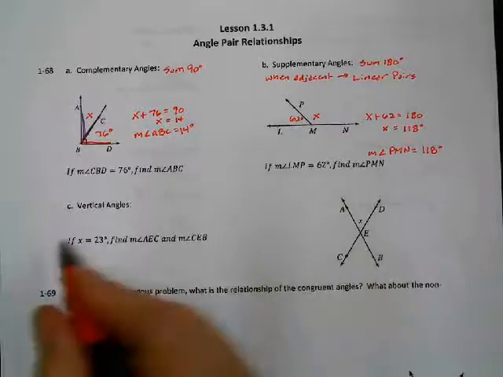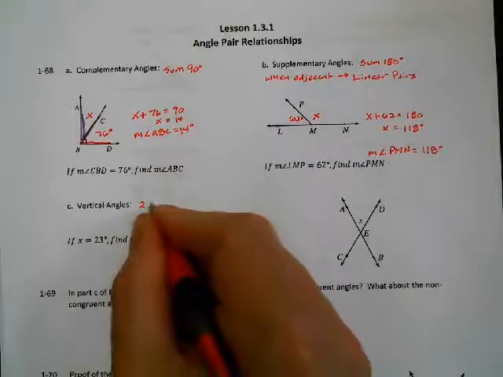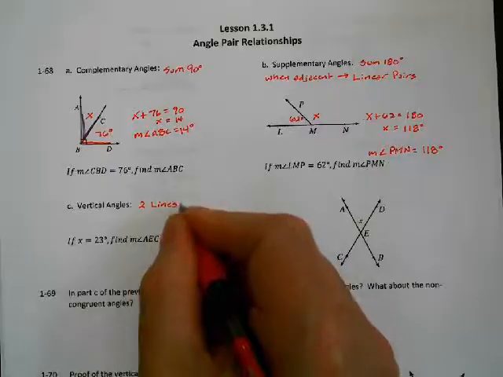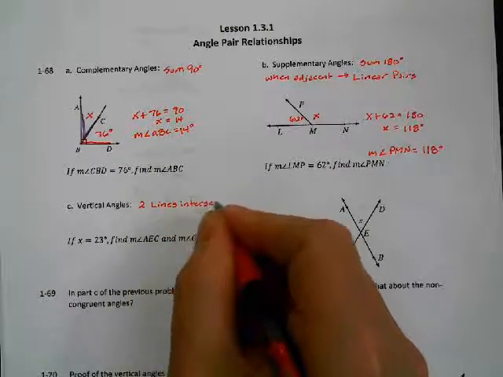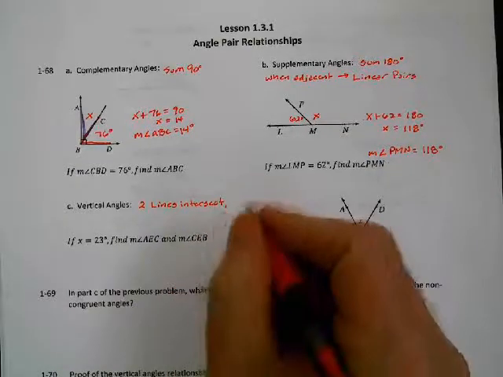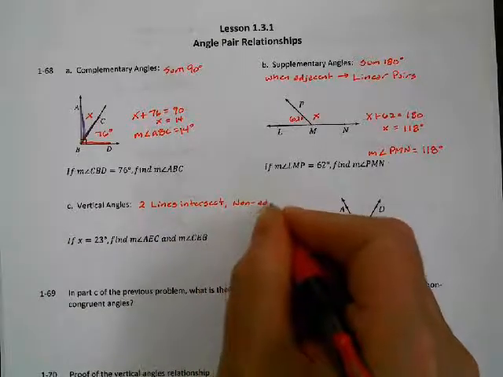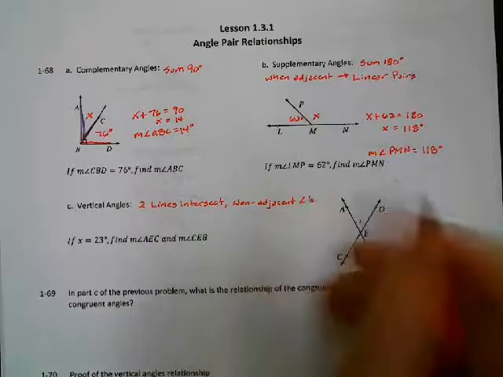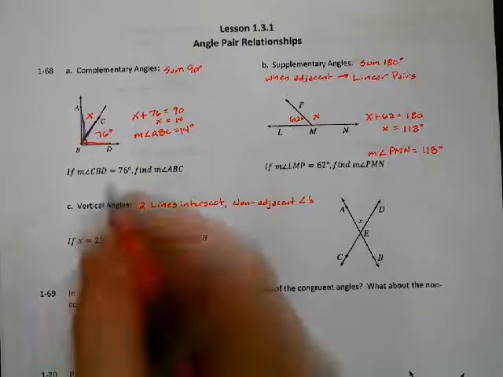So vertical angles are when two lines intersect, and they are the non-adjacent angles.